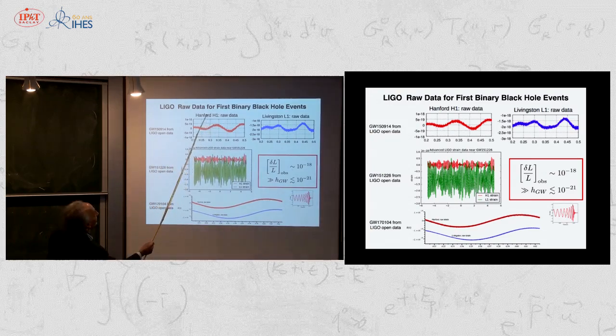If this were a gravitational wave, it would be an amplitude of 10 minus 18. But actually, the gravitational wave here has an amplitude of 10 minus 21. So what you see has nothing to do with the gravitational wave, it is red noise. You have a factor 1,000, so the gravitational wave signal is totally lost in the noise.